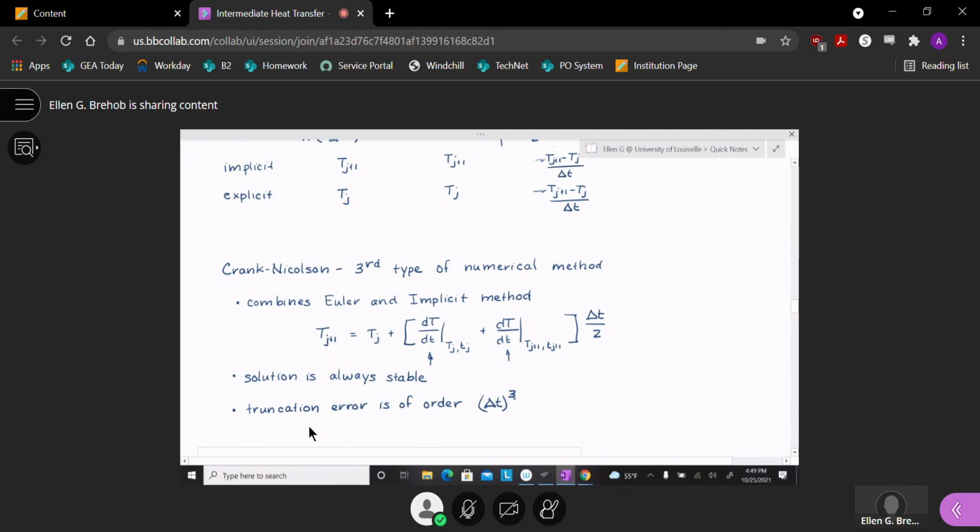And it's hard to show this, so I'm only telling you this, that another bonus that you get from using this method is that you get a truncation error of order delta t cubed. And I always think the fact that you're cubing it maybe makes it seem bigger, but you want to imagine I have a tiny time step, and cubing it is going to give me a smaller truncation error.